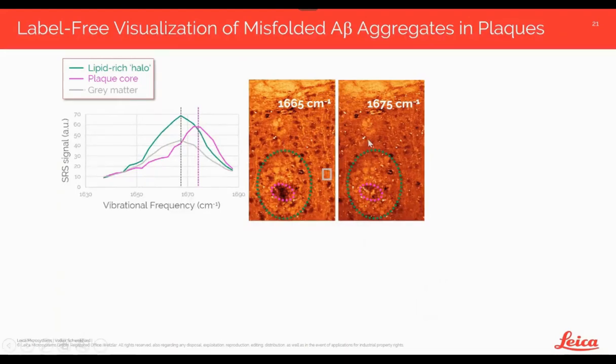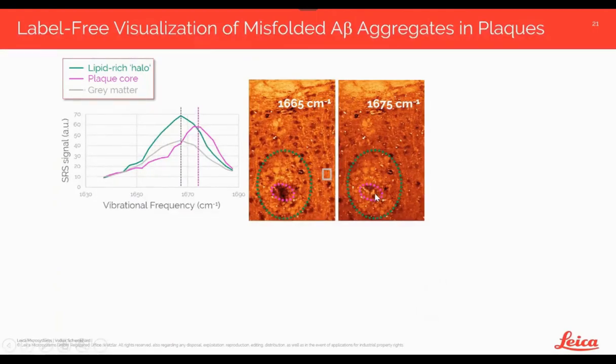So here are the two corresponding images. You can very clearly see the most pronounced difference occurs in the core of the pathological structure, indicated in magenta here. At 1665, this looks void, as in no lipids present in this structure. But at 1675, a very unique contrast shows up corresponding to fibrillar structures in the core of the pathological region.